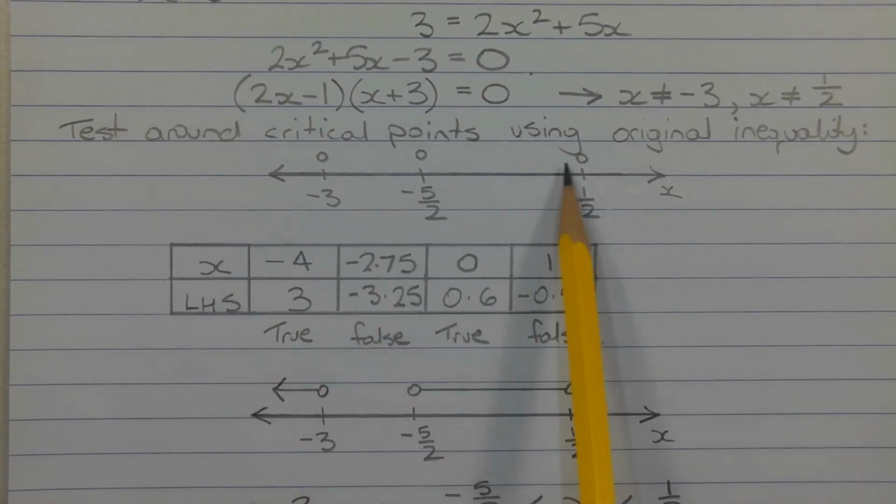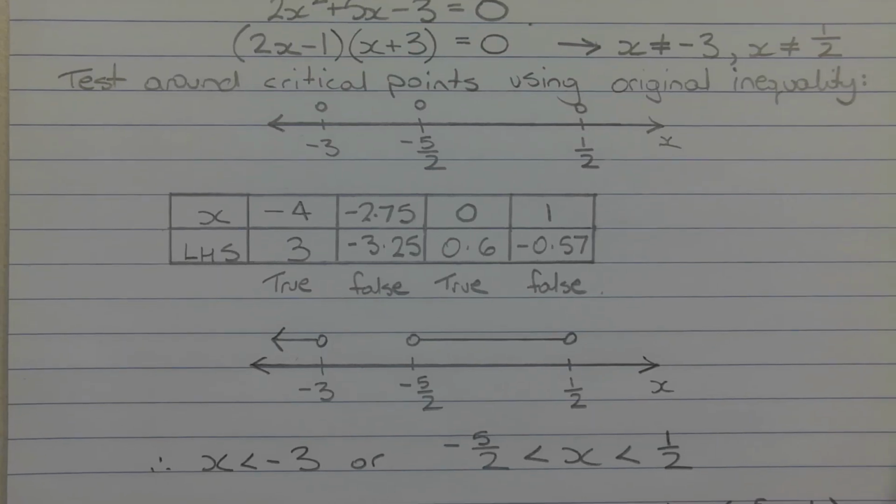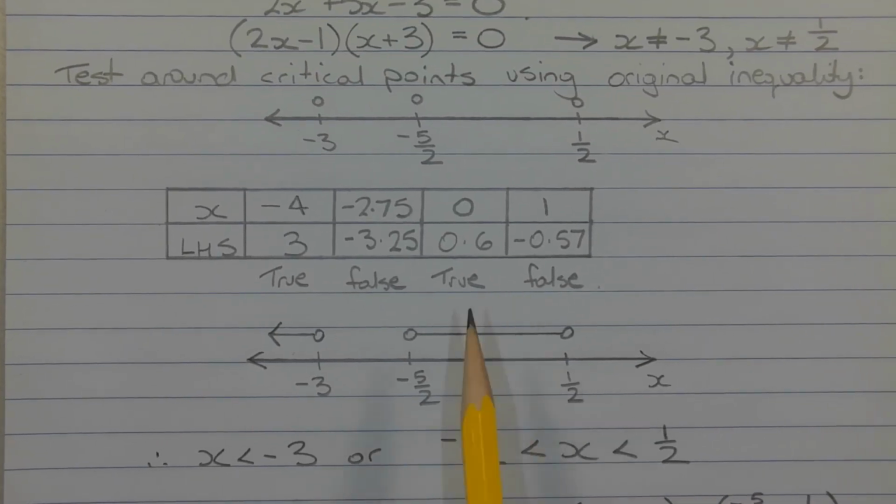So completing the number line by joining the circles where needed, and also drawing an arrow in the correct direction from one of the other open circles, we have an arrow from negative 3 pointing to the left-hand side, and we're joining these two open circles between negative 5 over 2 and 1 over 2.